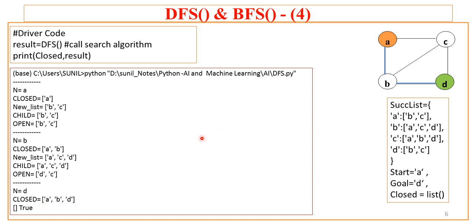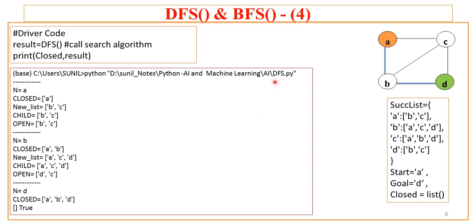Hope you understood this, and I recommend you to take the code which is given in the description section of this video and try the code. That means try to execute that code in the environment of your choice, any environment which supports Python, and then test for BFS as well.